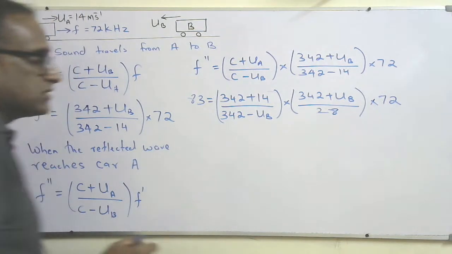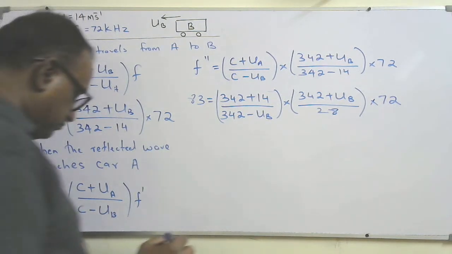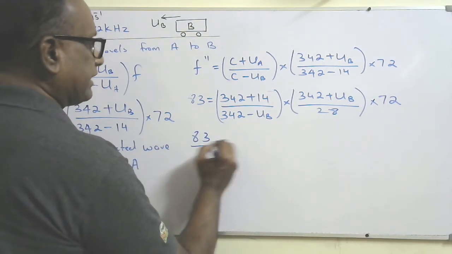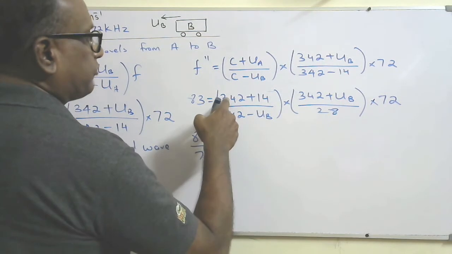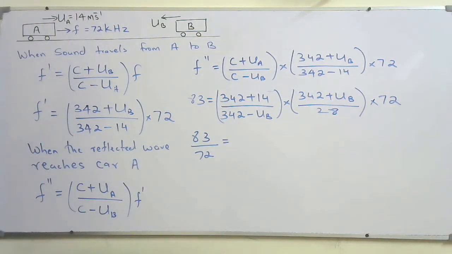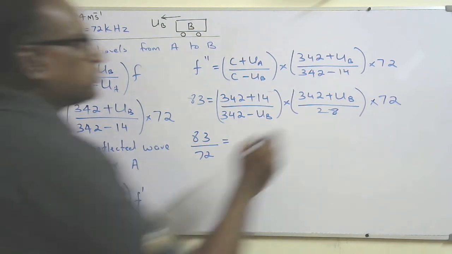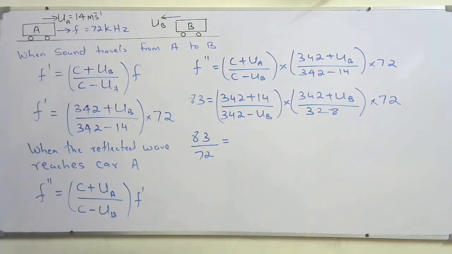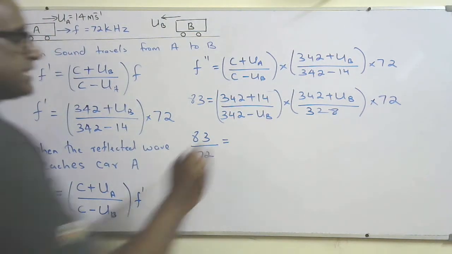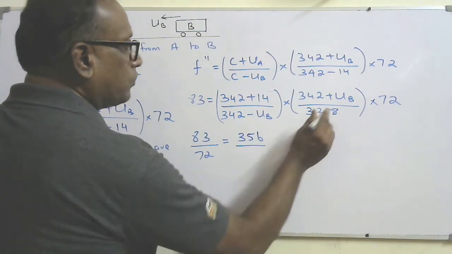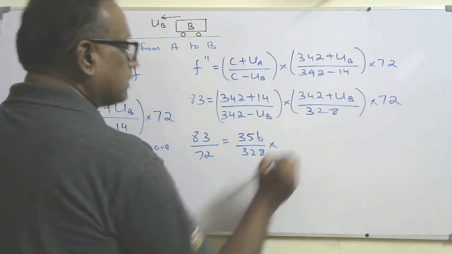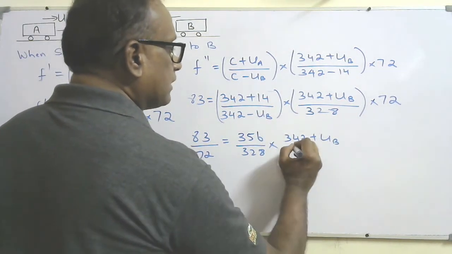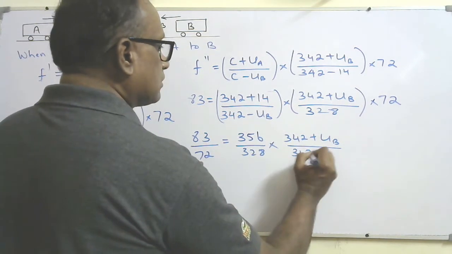We need to solve this. Simply, 83 divided by 72 equals 342 plus 14, which is 356, over 342 minus 14, which is 328, so 356 over 328, into 342 plus UB over 342 minus UB.